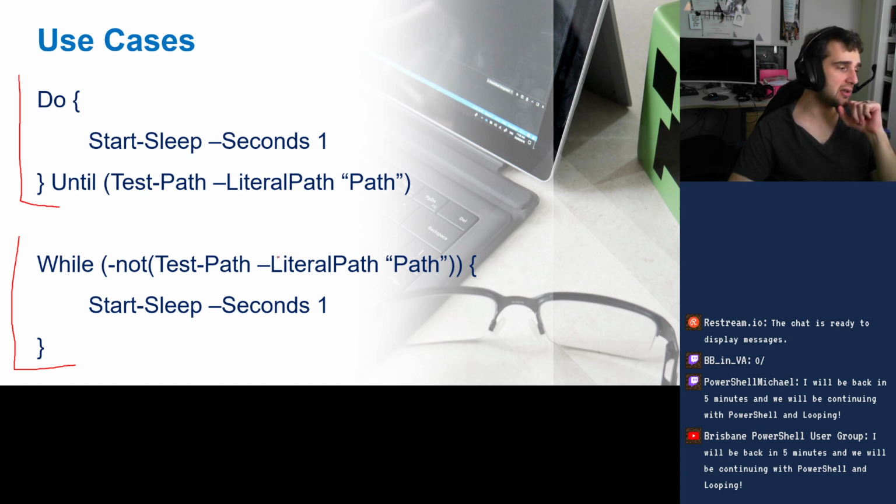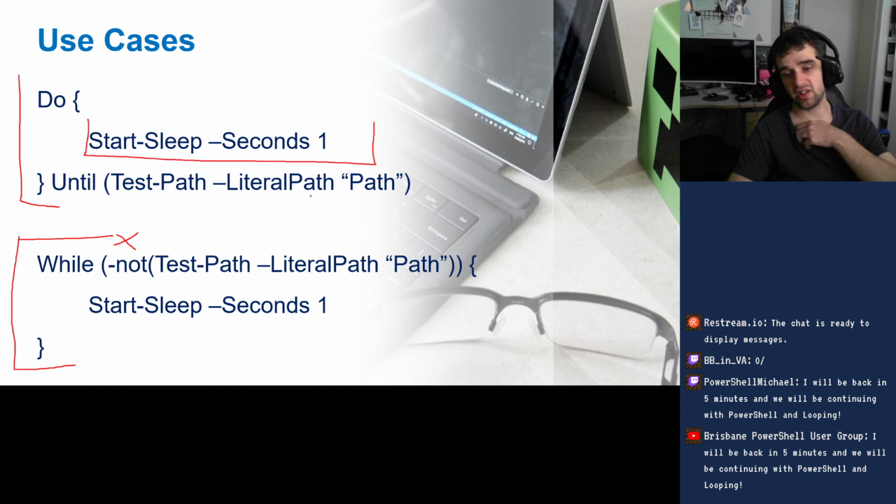This is actually a really good example of two different ways you can structure your code. In this instance, the while statement is more efficient since the file could potentially exist already. If the file already exists, we don't actually want to pause our code execution for a second.